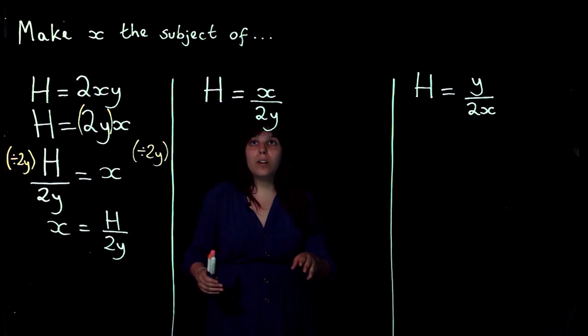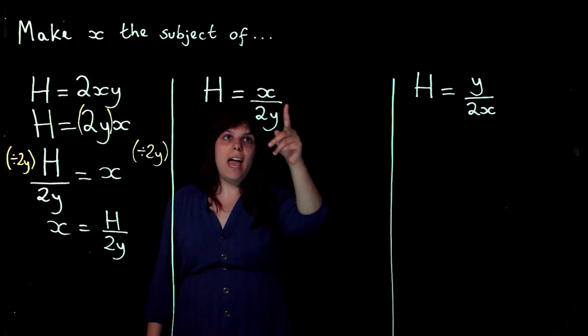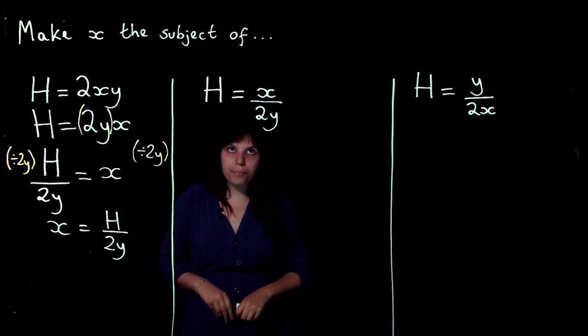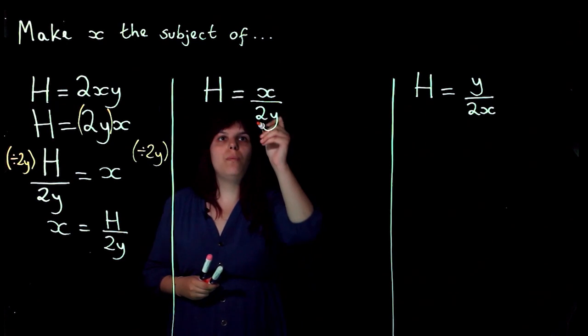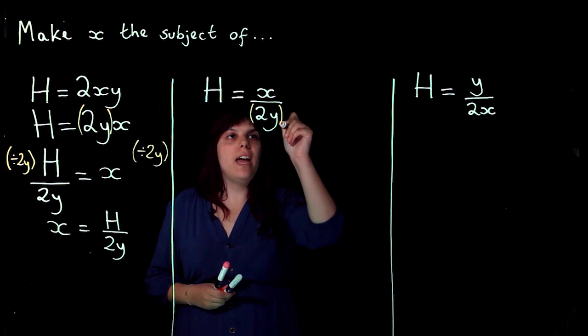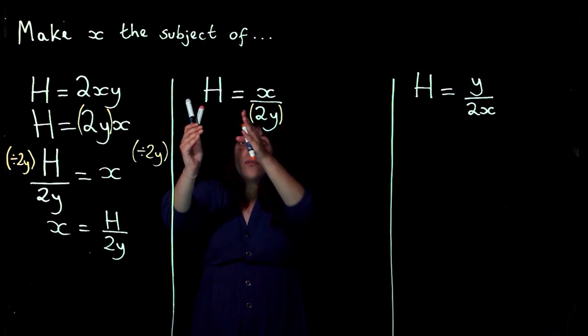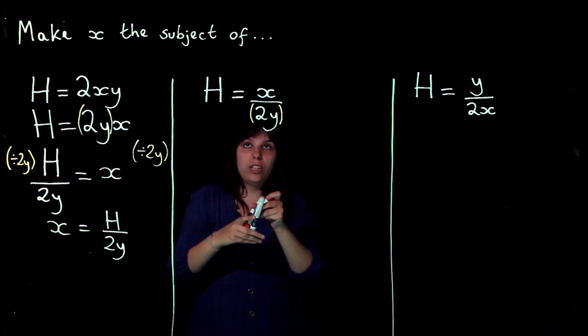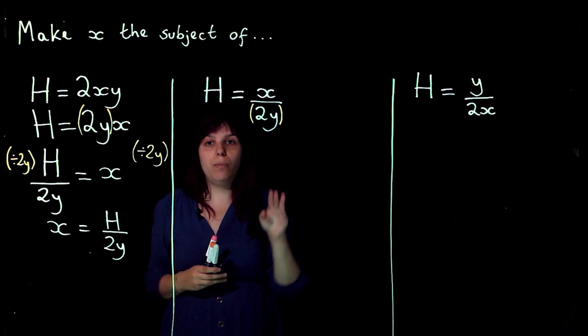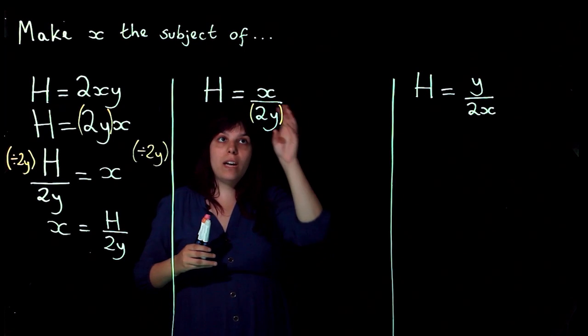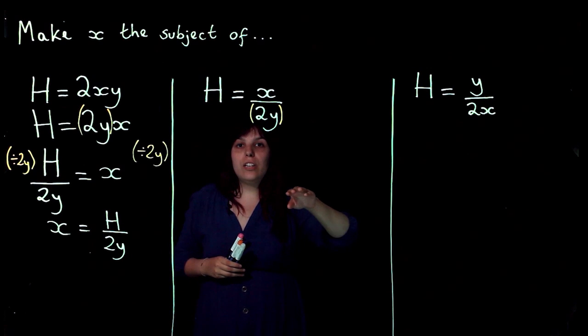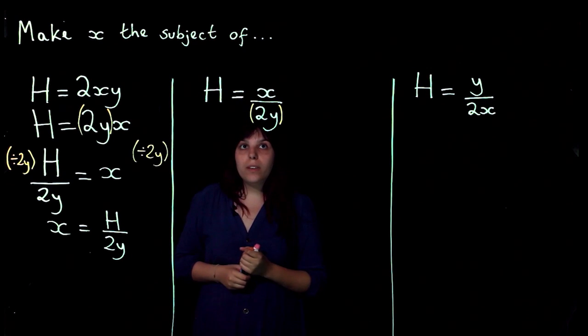Okay, so in our second example, we've got h equals x divided by 2y. If I put my 2y in brackets, then I now have 3 separate parts of my equation again, my h, my x and my 2y. So that means that I can manipulate this to get my x on its own.